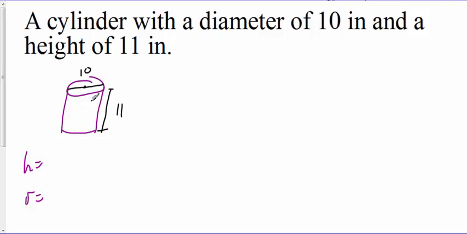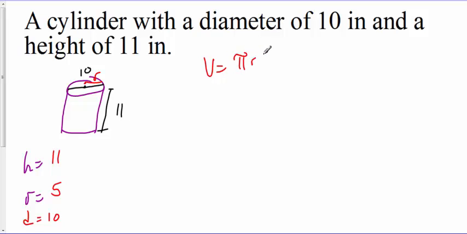Now, we're needing not the diameter, but the radius, right? The radius is half the diameter. So if the diameter is 10, then the radius is 5.